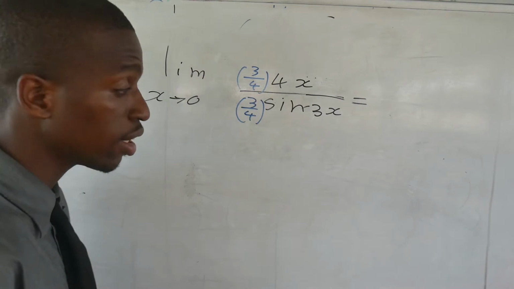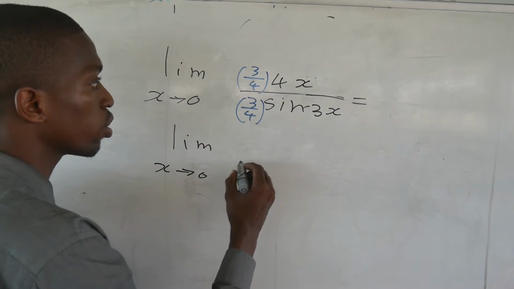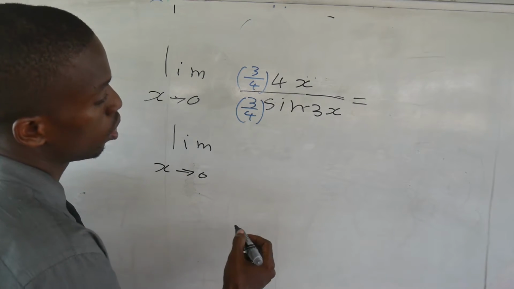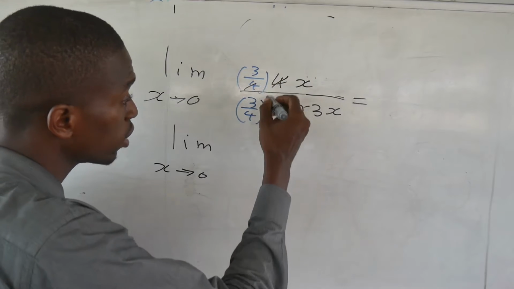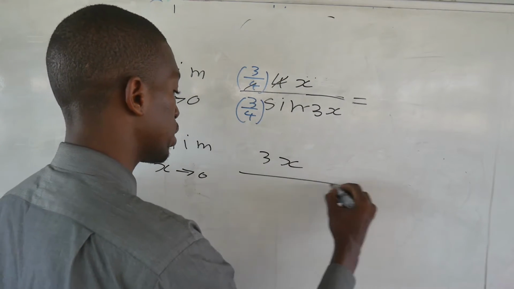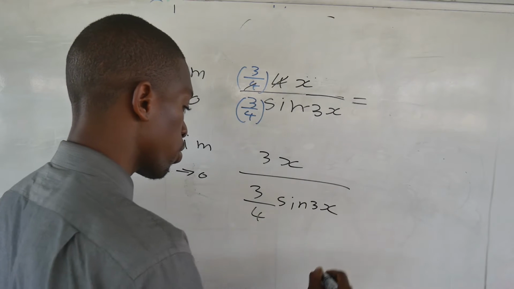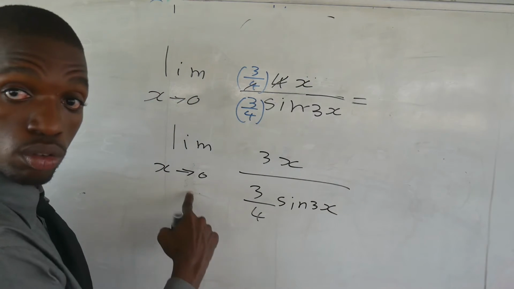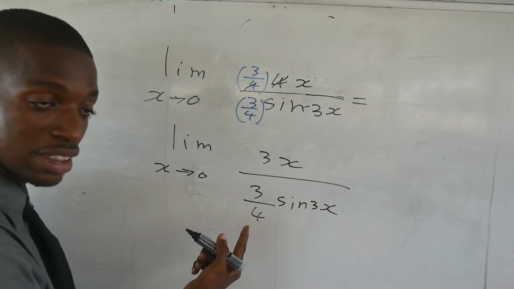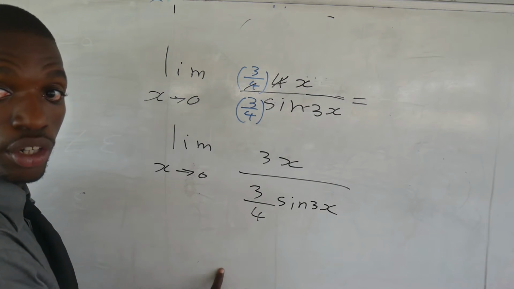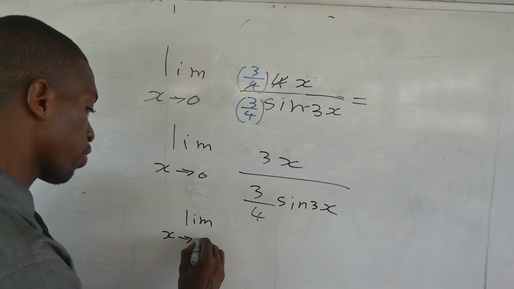So on our second line, we have the limit as x goes to 0 of 3x divided by 3/4 of sine 3x. Now from here you could just write 4/3 as the answer, since you could basically see it, or you can expand this just a little bit more.